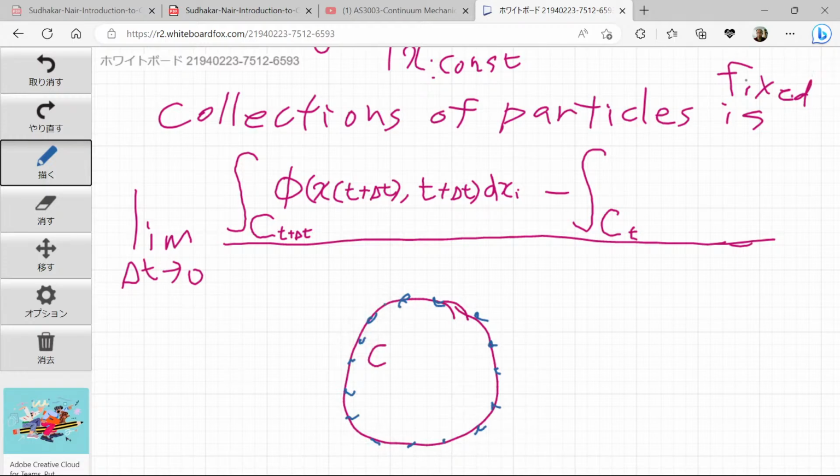If you have 1,000 particles, these particles are fixed.